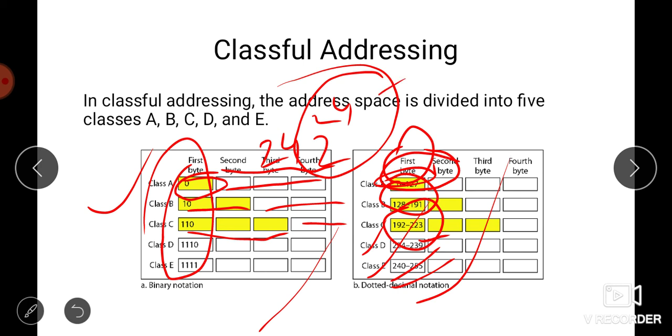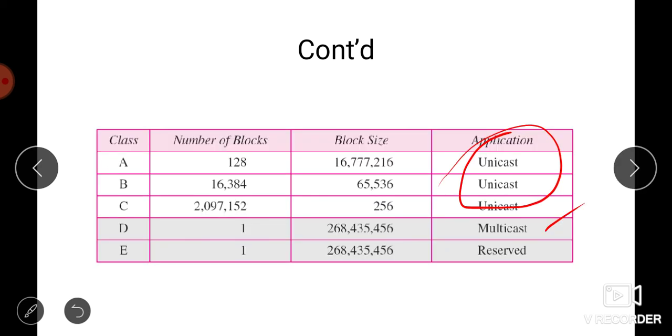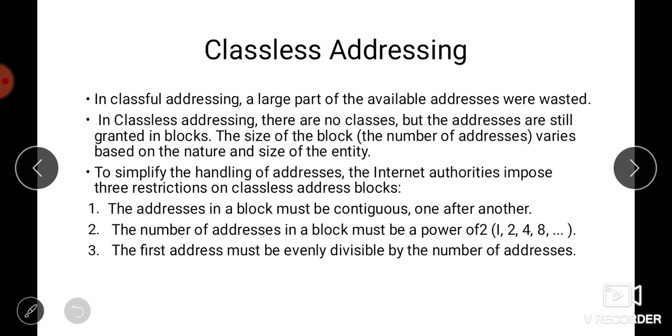Even if you take class C, you have to take at least 2 power 8 addresses. So addresses are getting wasted in classful addressing. In classless addressing there are no classes, but the addresses are still granted in blocks.